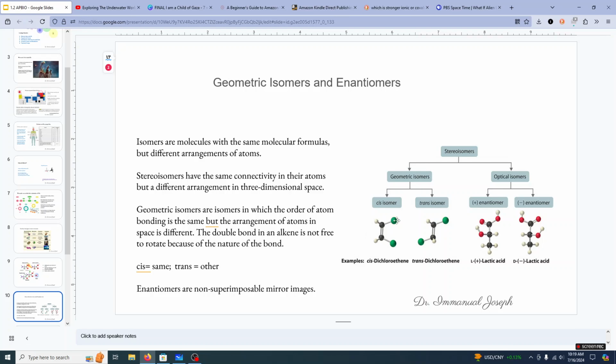And then you have the green circles, that is chlorine. So in this arrangement, you have the 2 chlorines pointing in the same direction. If it is in the same direction, this geometric isomer is called a cis isomer. And if you have the chlorines pointing in opposite directions, that makes it a trans isomer of dichloroethene.